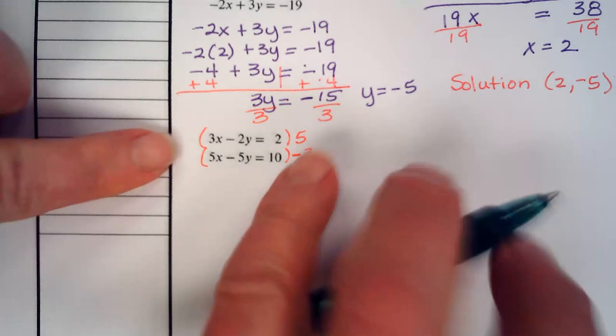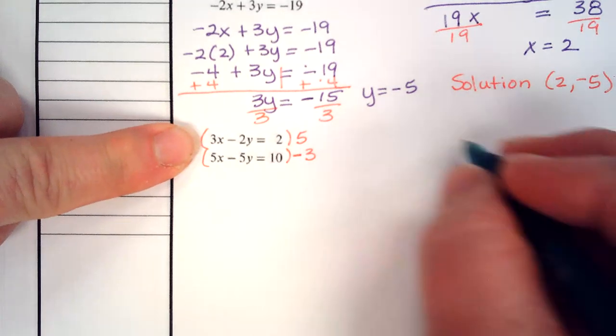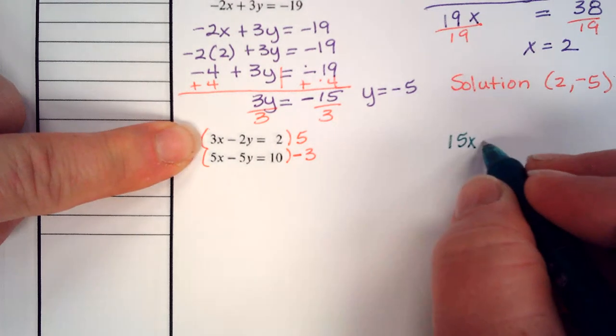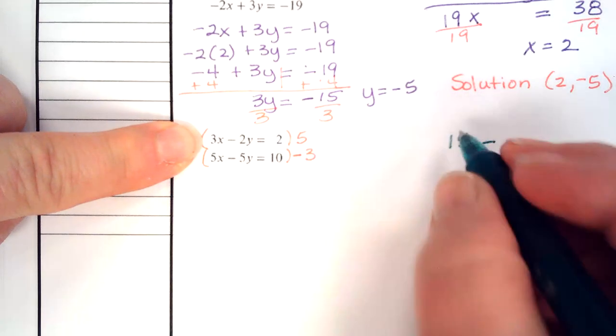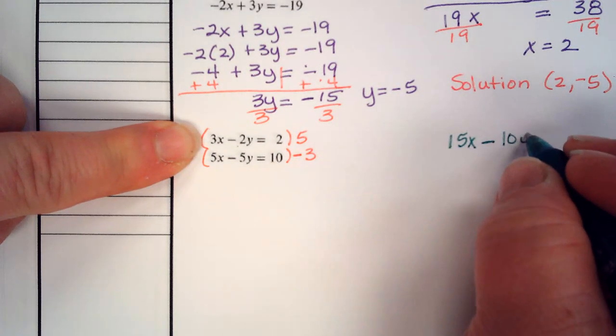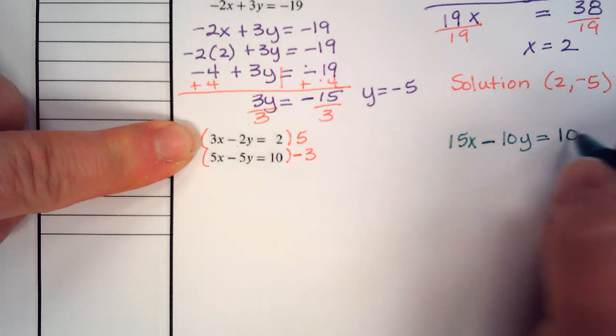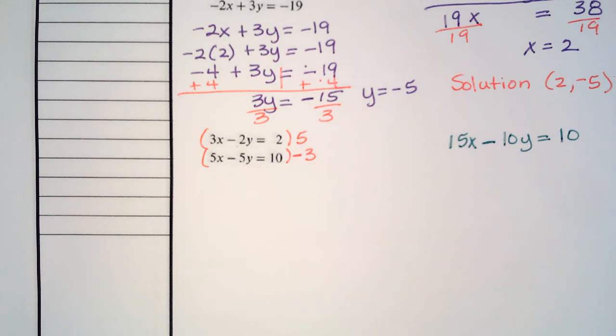So 3x times 5 is 15x, minus 5 times 2y is 10y, is equal to 5 times 2 is 10. That's your first equation.